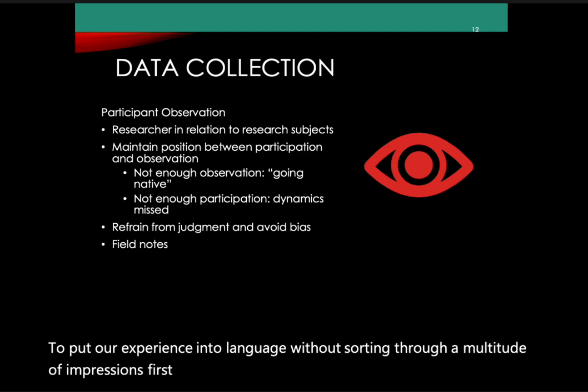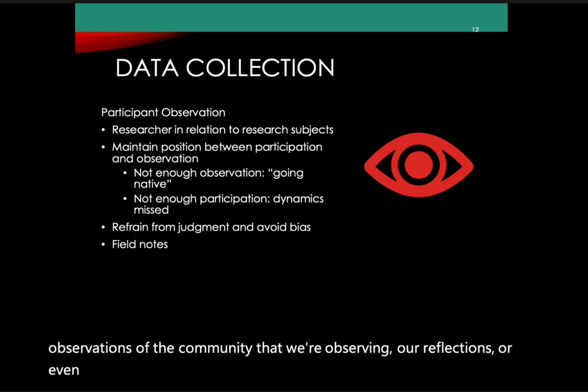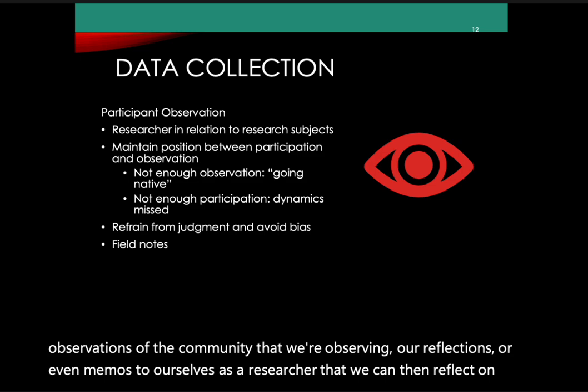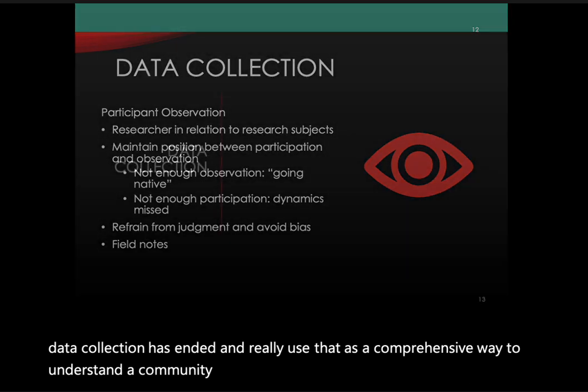So, field notes often include things like our observations of the community that we're observing, our reflections, or even memos to ourselves as a researcher that we can then reflect on after data collection has ended and really use that as a comprehensive way to understand a community.